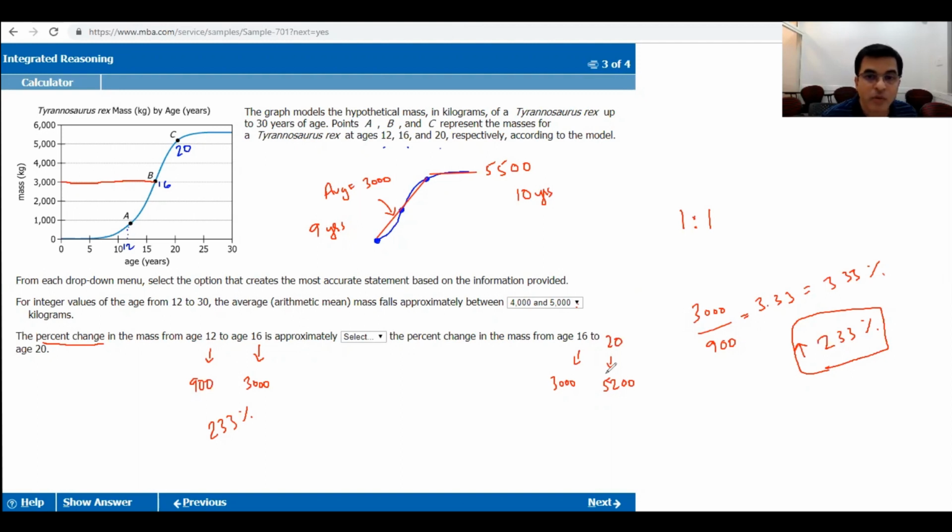So that works out to 73% approximately. And now the question is that this value 233% change is how many times this percent change, and clearly we can see 7 threes are 21, so this is a multiple of 3.